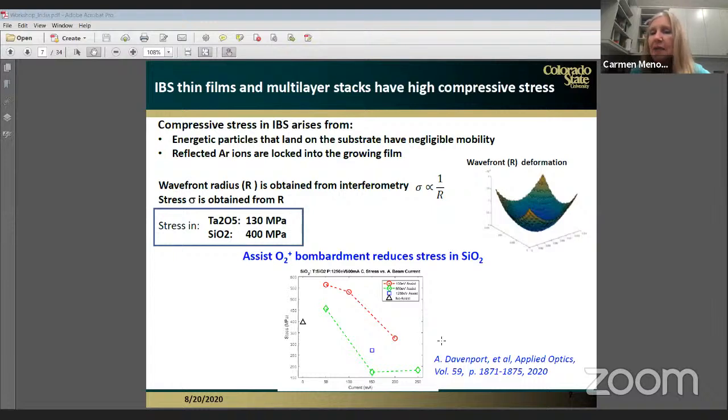Another interest is to know what is the stress on the coatings that we grow. The physical vapor deposition method is one in which you can think of the material as a ballistic material, in the sense that we sputter a target that is a metal target, or it could be an oxide, with an ion source.